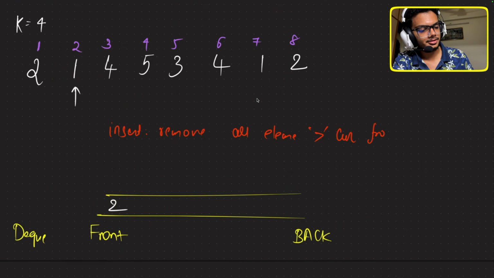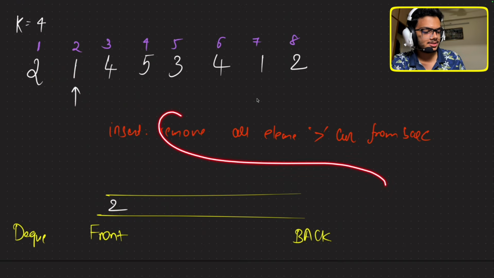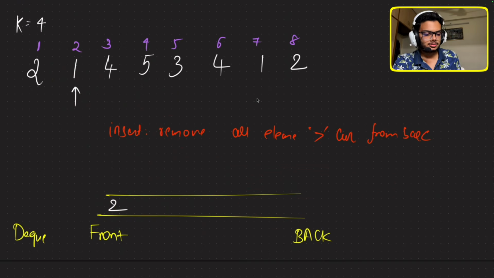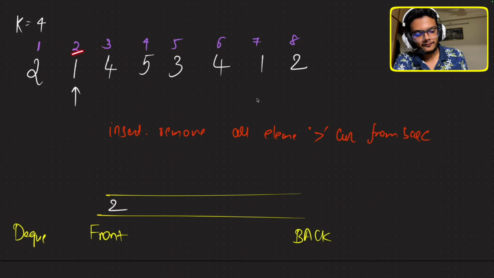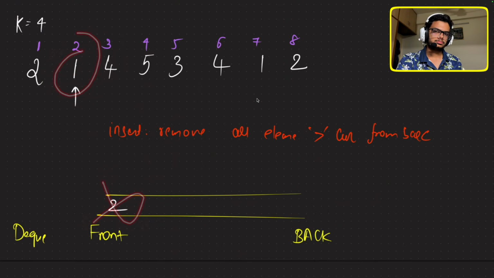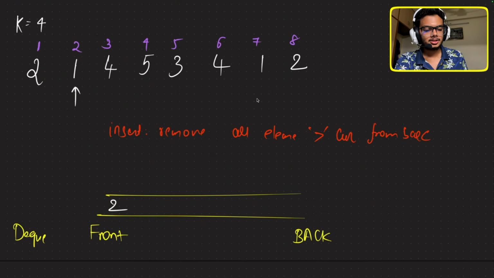All greater than current from the back, right? So effectively, you'll try to insert from the back, but if there are elements greater than the current guy, you remove them. Why? Because if 1 is there, there is no need to put 2. Right, there is no need to have 2 because if a minimum is needed, this 2 will not be the answer. So we remove this 2 and add 1 here.